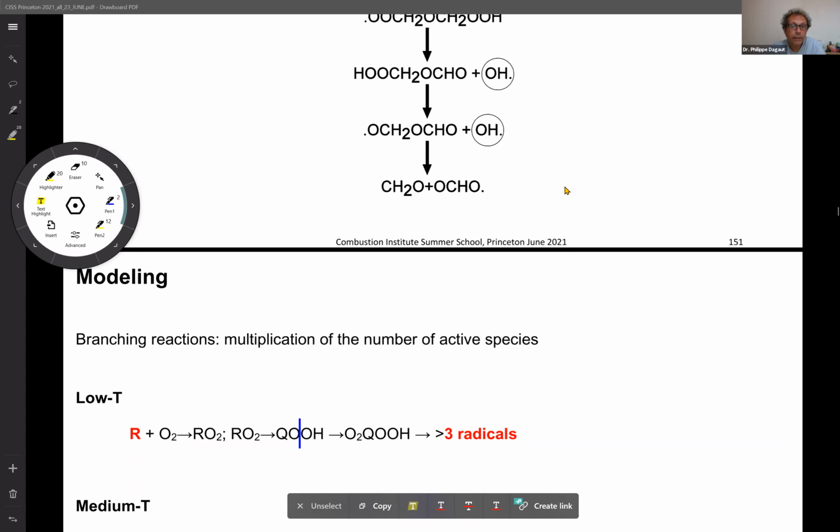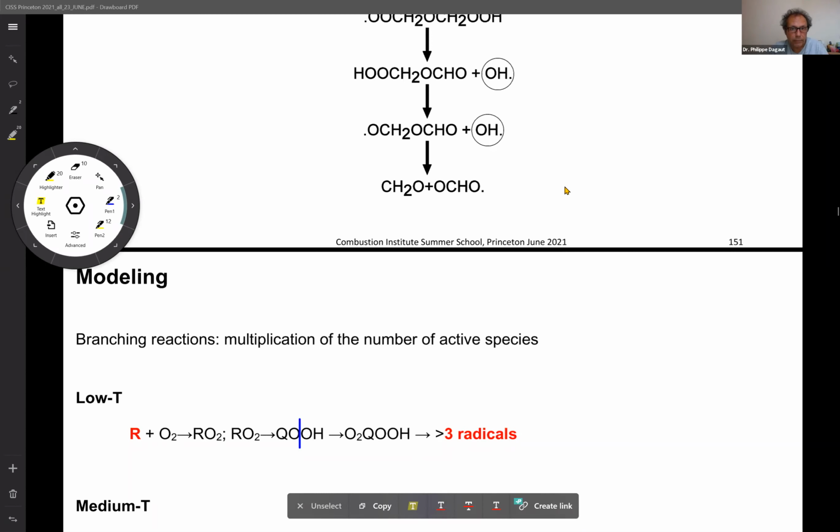Yes, the class of reactants has an impact on the low temperature oxidation, and if there are chemical functions that weaken CH bonds, then the reactivity will appear at lower temperature.